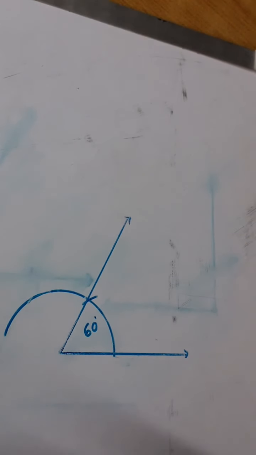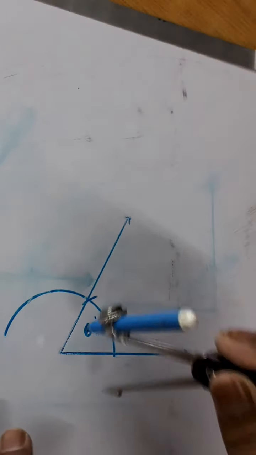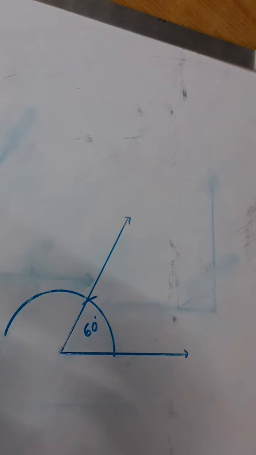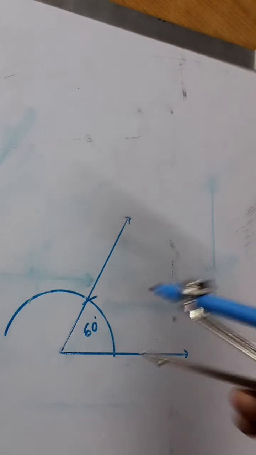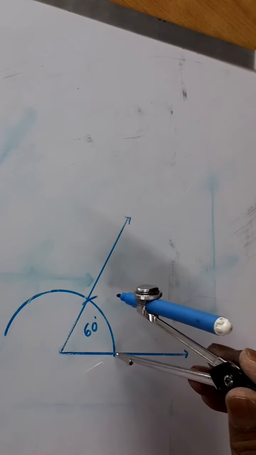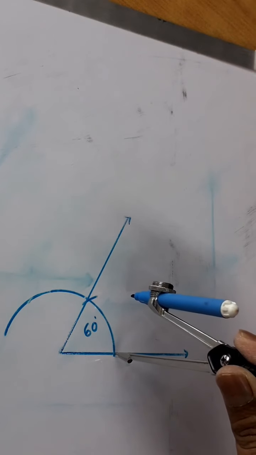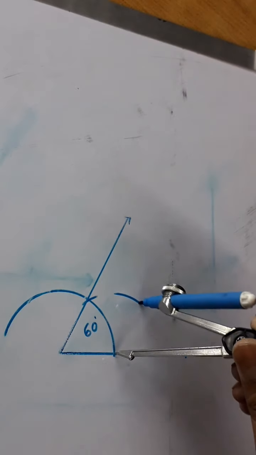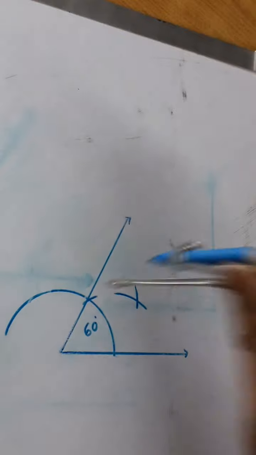If we want to make an angle of 30 degree, we will bisect this angle. Now we have completed angle of 60 degree. For bisecting this angle to make 30 degree, we can increase the radius also, decrease it also, or keep as it is. It will do. But radius should not be too small so that they will not intersect. I have taken this.